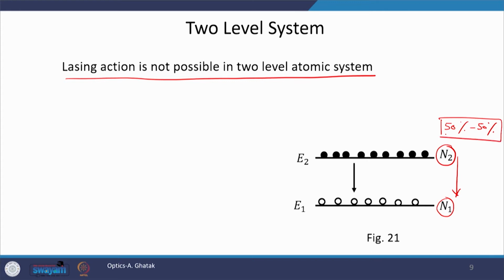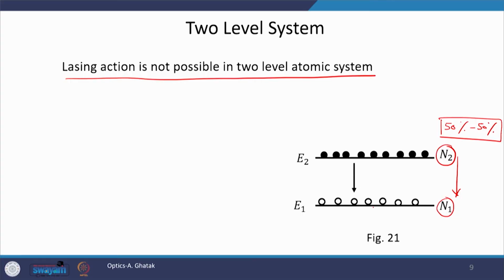This we can prove using Einstein's A and B coefficients, and using this Einstein formulation we can predict that lasing action or population inversion is not possible in a two level atomic system.